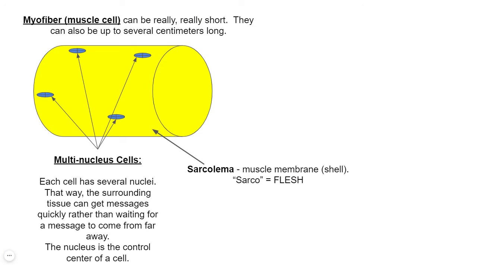That's a good design, because if it had just one nucleus on a long cell, say a couple of centimeters long, the information in the nucleus that tells the cell how to stay alive would take a long time to get all the way across the cell. So the cells have multiple nuclei, and those nuclei can relay information very quickly that way.